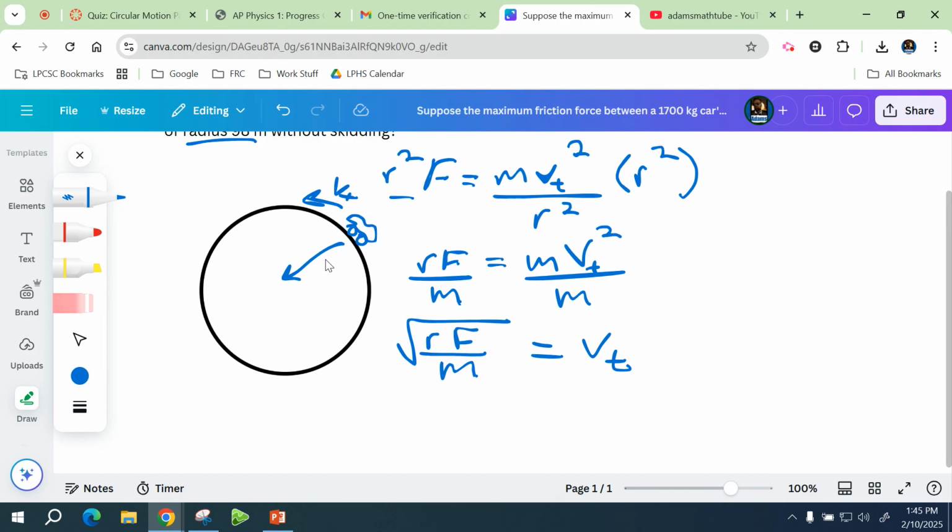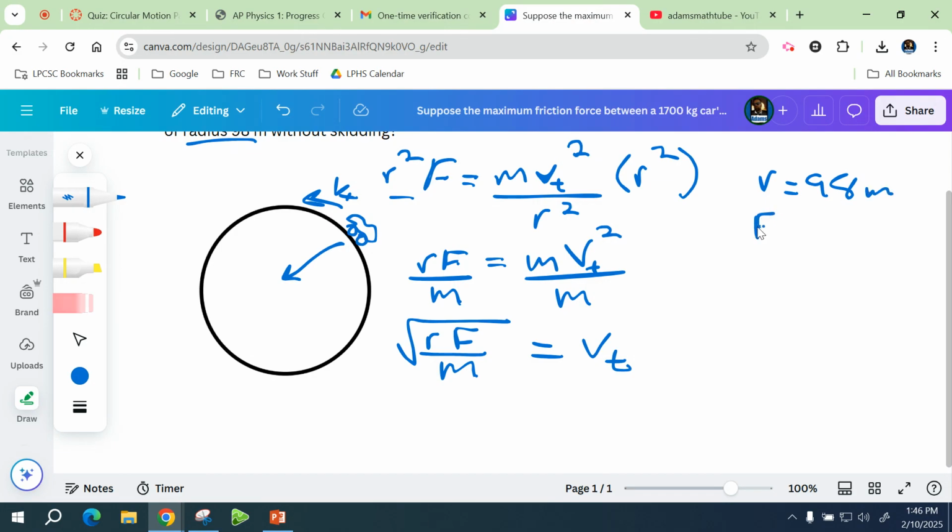Now, remember that the frictional force is what holds it in its circular path. So when they say, suppose the frictional force between the car and the ground, that's what's holding it in its circular path. Well, that's a force. Okay? So our radius then was 98 meters, right?